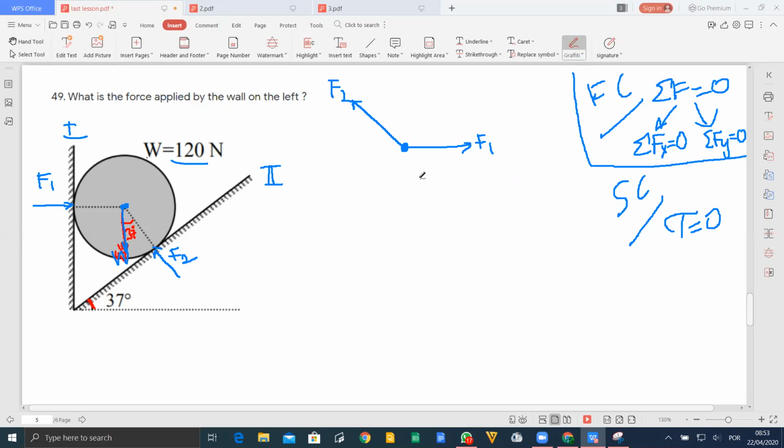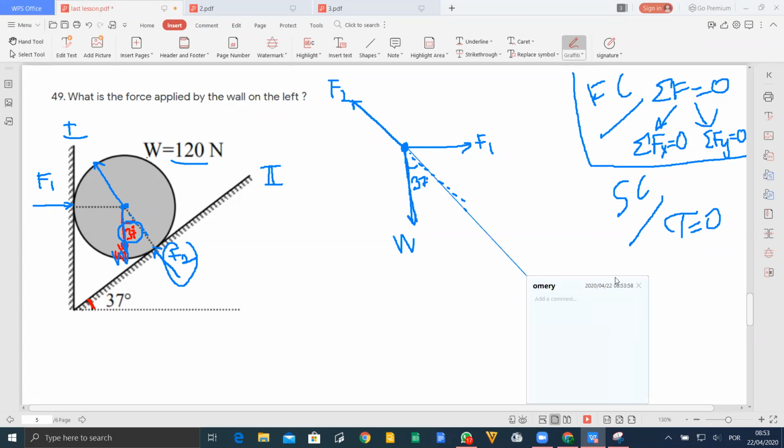The direction is up there. For F2, I'm just carrying it out in the same direction like this, right? So when I show the weight of the object, if I extend this line, then from here, you need to understand that this angle is 37.